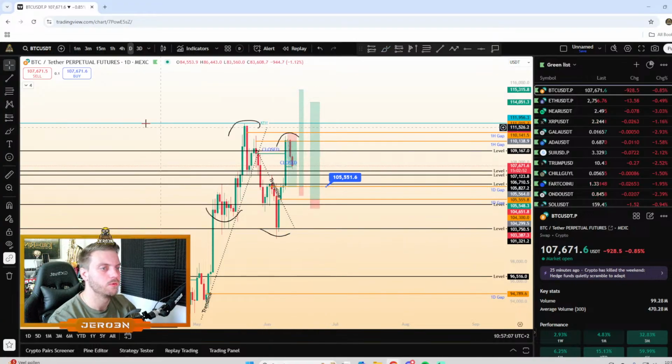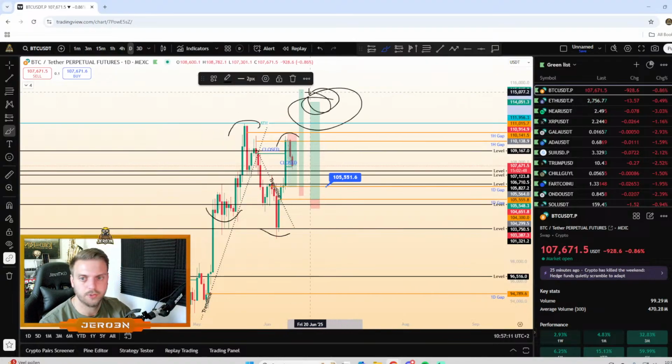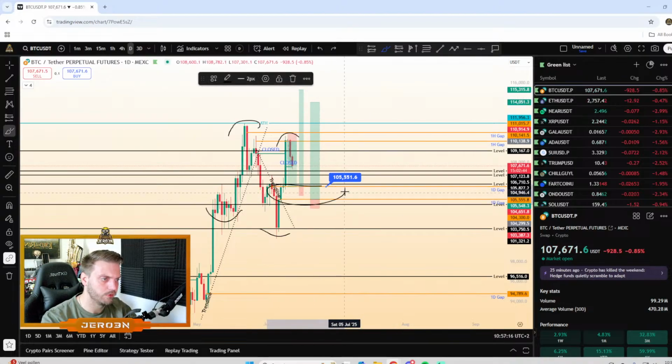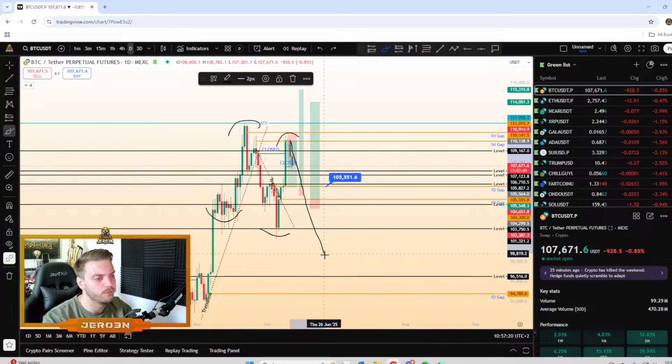So how nice would it be if, like, there's a lot of liquidity over here now. I know that because people went short, but there's also liquidity over here. So it would be nice for price to do this now.